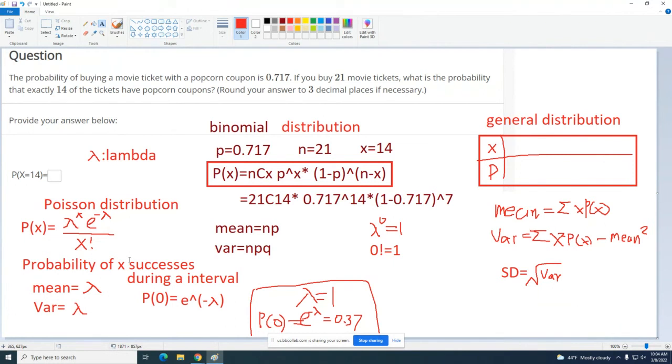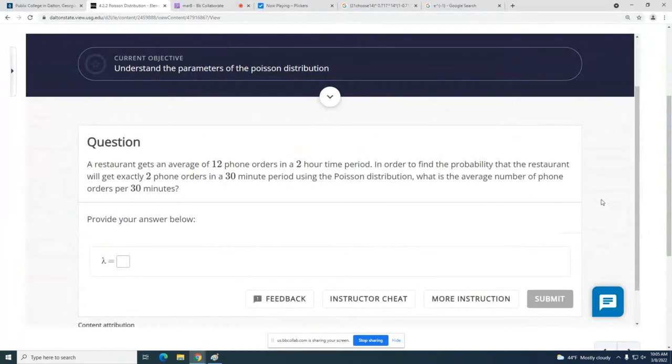But if you ask me the average number of students per week, it will be five, since we have 5 working days. So you can see if you expand your interval of time, or whatever interval we're talking about, the average will go up. You have to attach a time frame or an interval to your lambda. That's why sometimes it's a little hard to identify the proper lambda. Make sure you really look at what's being asked in the question.